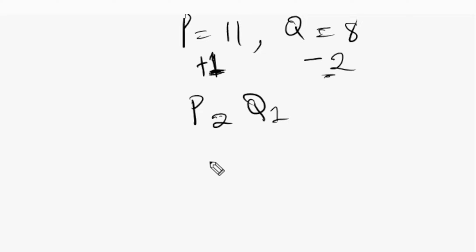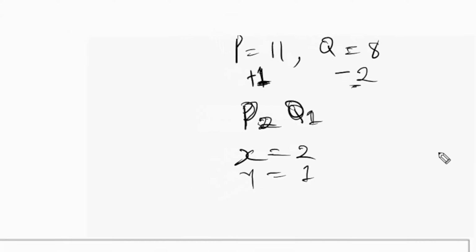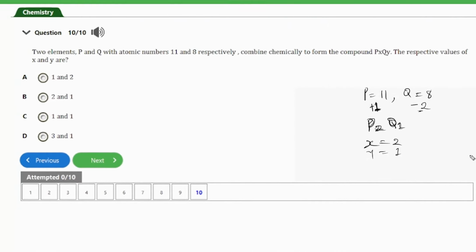That's just simply an easy way to go about this. So P will have 2 here and Q will have 1. Guys, if we have PxQy, it means that x will be 2 and y will be 1. So guys, that's option B here, and that's 2 and 1. So let's go ahead and wipe this.